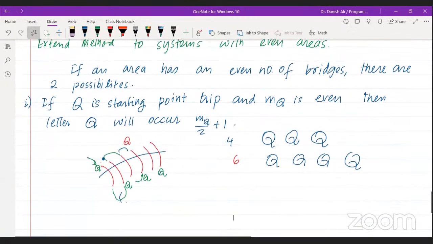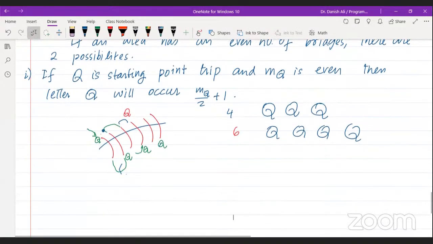But what happens if you do not start your journey from Q? You are starting your journey from some other point. Let's suppose R is another point with an even number of bridges, but which is not the starting point.